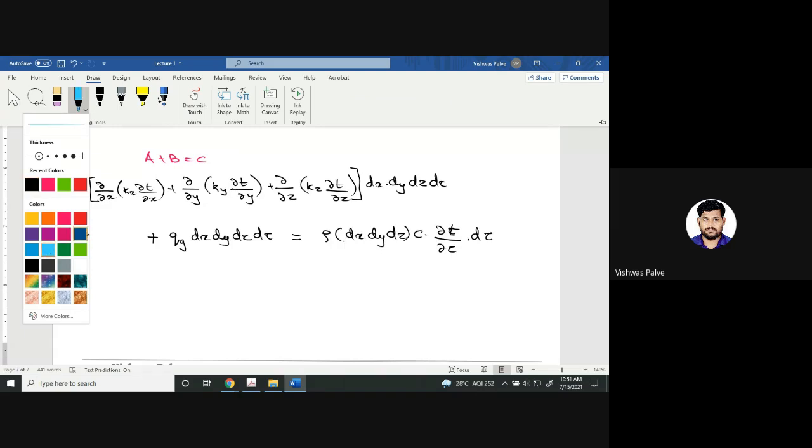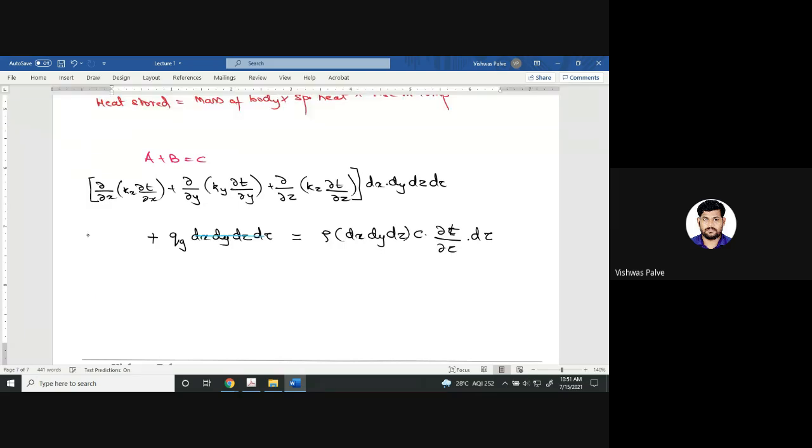So from this we can directly cancel out the terms. So this will get cancelled out, this will get cancelled out, okay. Similarly, this will get cancelled out, because we can take it common and it will get cancelled out.